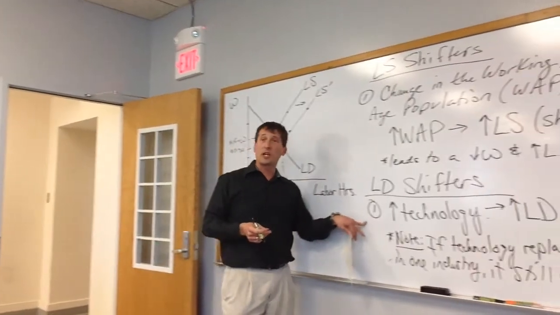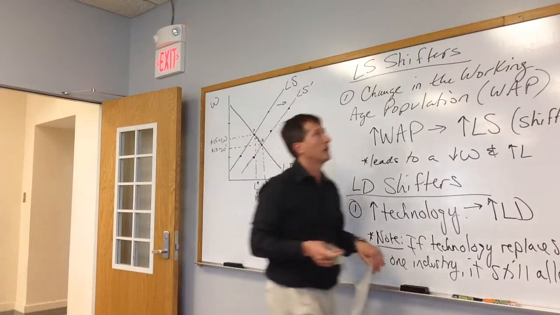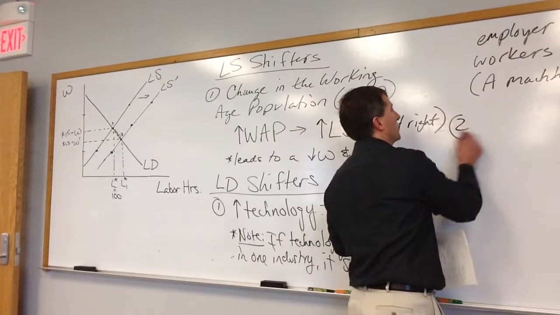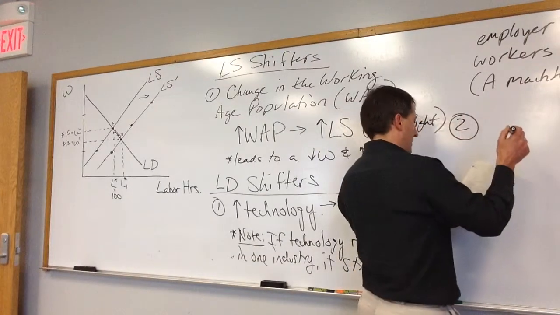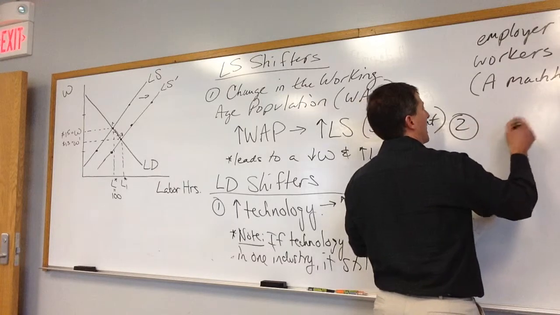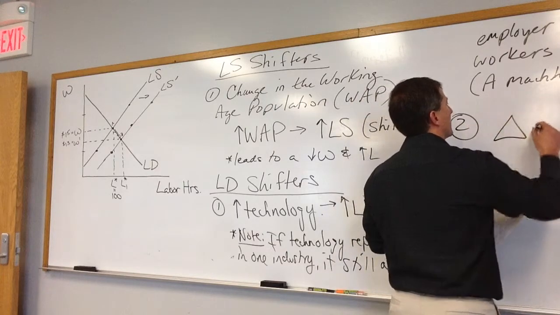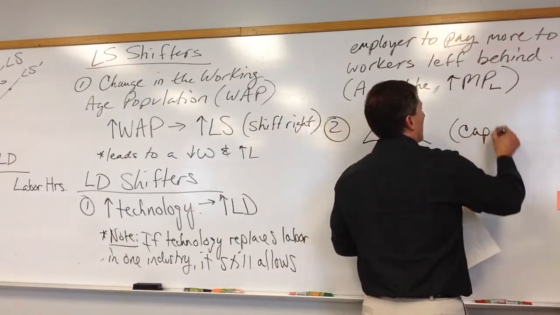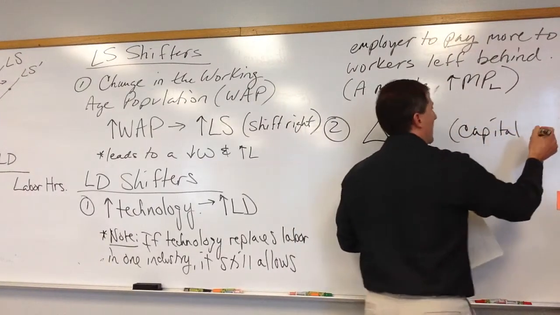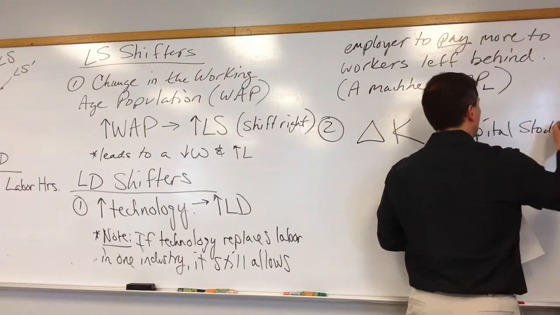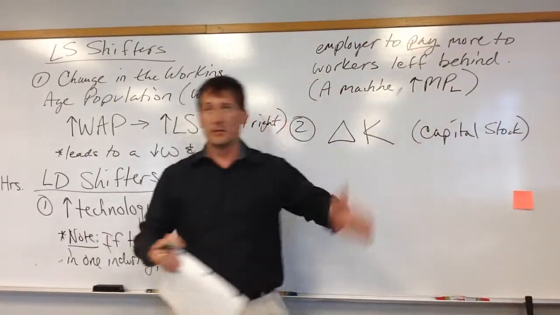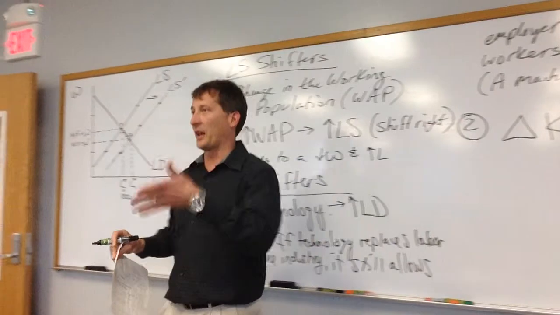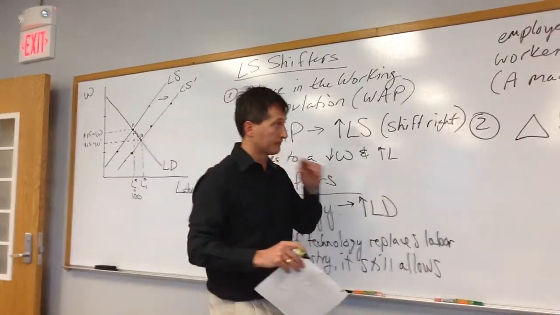And that is a change in the amount of machines. So shifter number 2 works very similar. A change in the capital stock, a change in capital. So when we think about the K, this is the capital bucket or the capital stock. The number of machines, the number of buildings, the number of things that help make other things.